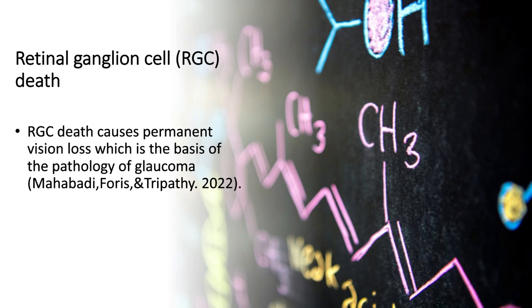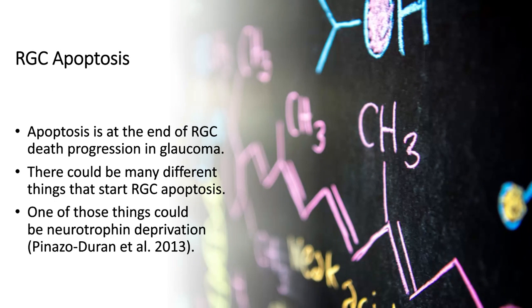When the RGC goes through apoptosis and you have RGC cell death, it causes permanent vision loss in glaucoma. So apoptosis is the end of RGC death progression in glaucoma. There could be a lot of different things that start the process of apoptosis in the RGC. One of those things could be neurotrophin deprivation.